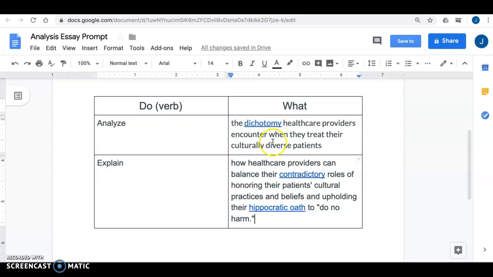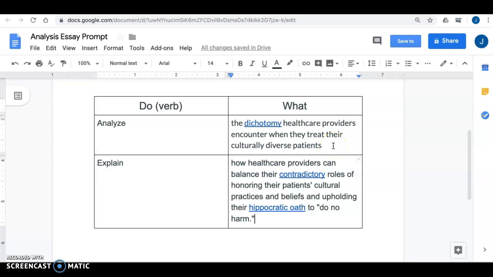So first I need to analyze just the contradiction that healthcare providers encounter when they treat their culturally diverse patients. Because as we've learned and we've read about, some patients have different beliefs other than what we may believe in Western medicine. So, for example, they may not want to have certain tests performed or have surgery because they would be cut.